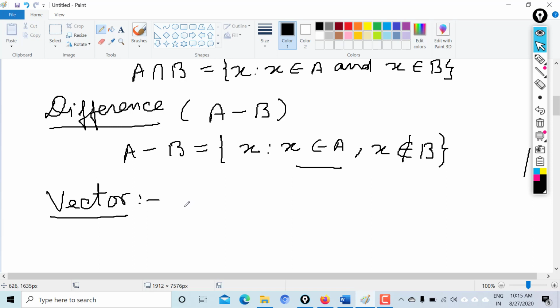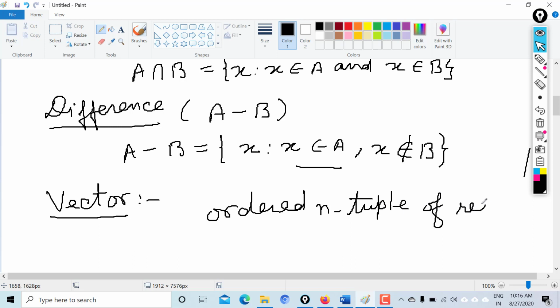It is denoted by a capital letter, and it is represented by a column. Suppose these are x1, x2, x3, up to xn.